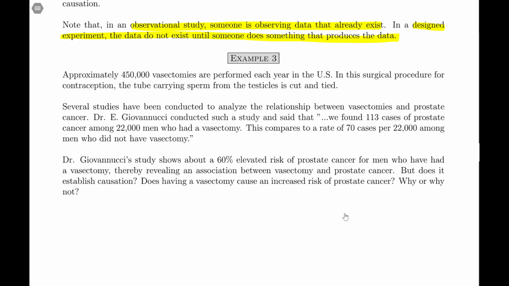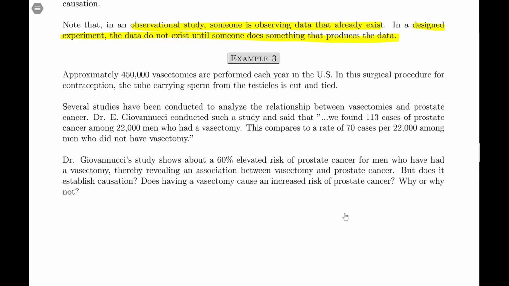And then similarly, the same thing with the 70 cases that they found in the 22,000 men who did not have a vasectomy. So the 22,000 where they found the 70 cases that did have prostate cancer from the 22,000 without a vasectomy, it could be that these men may be taking some kind of medication that would have prevented the development of cancer.